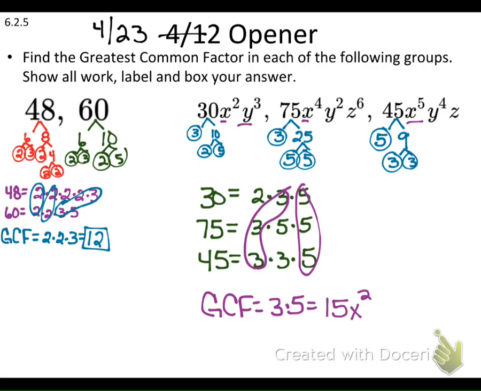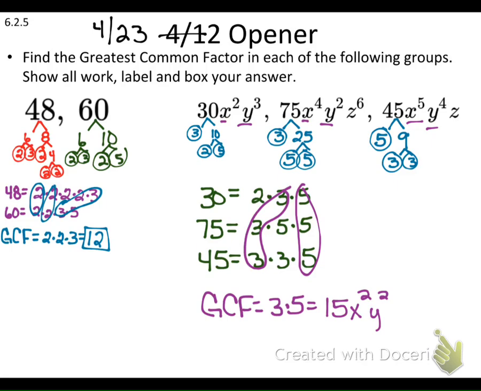Do they all have a y? Okay, what's the one with the smallest exponent? y squared. That's all right. And then, do they all have any other variable in common? No, because only 2 of them have the variable z. The 30 doesn't, so all 3 wouldn't have that in common.